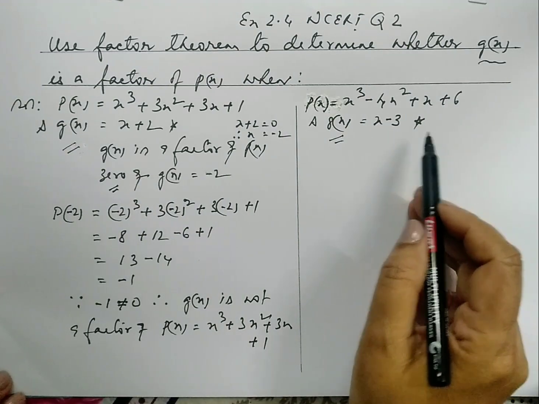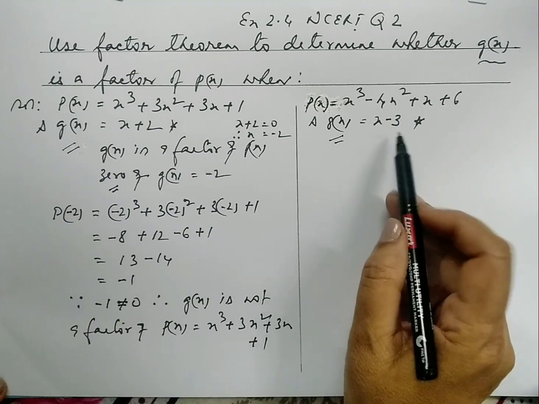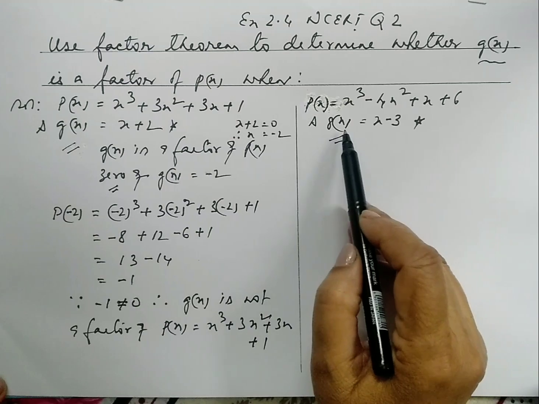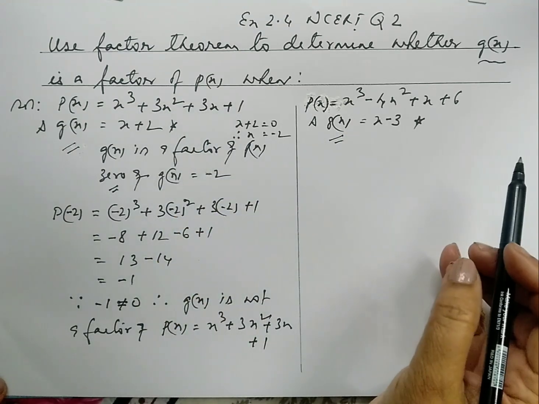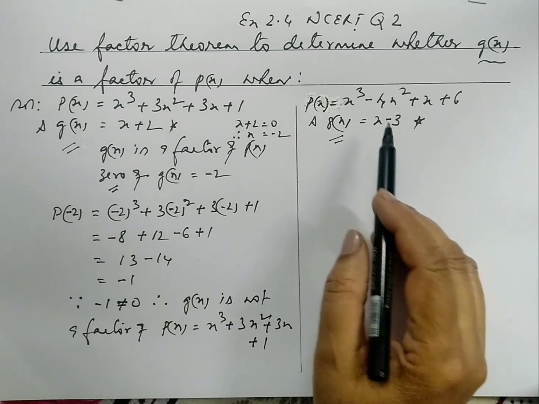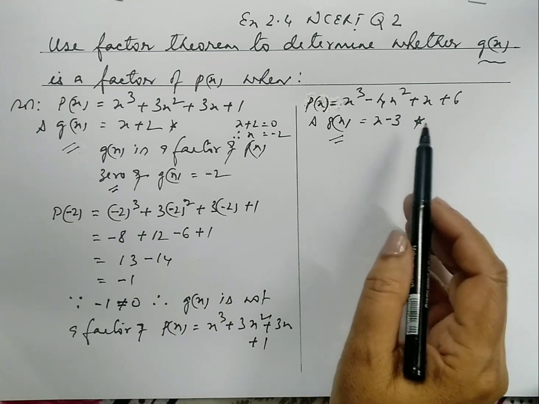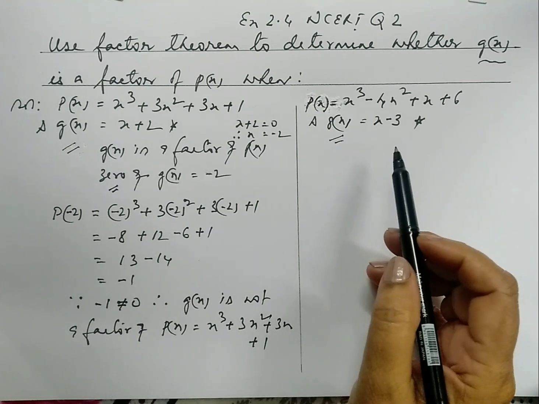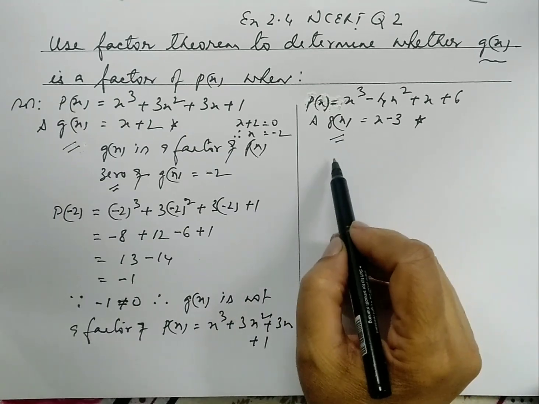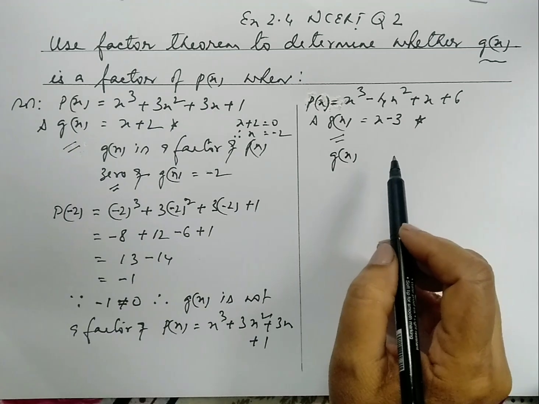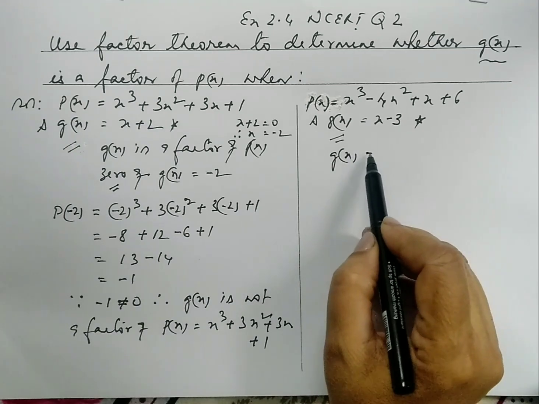What about this? Do you think that this will prove to be a factor of this? Or can we say that g(x) is a factor of p(x)? Let's do the same thing. How do we go about it? Since I've already copied the question here, we next have to find the zero of g(x).